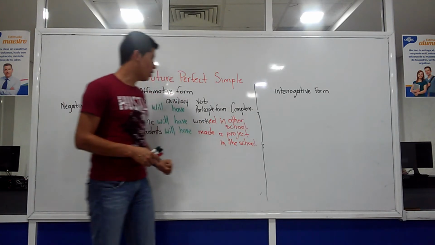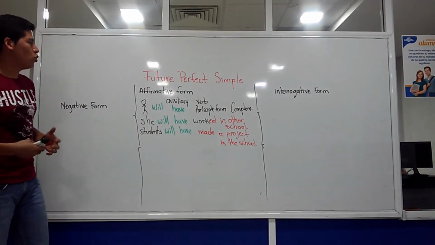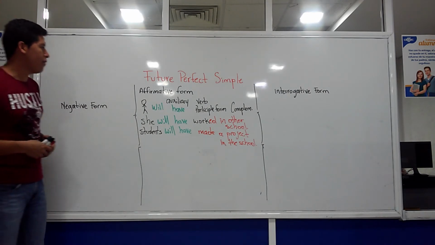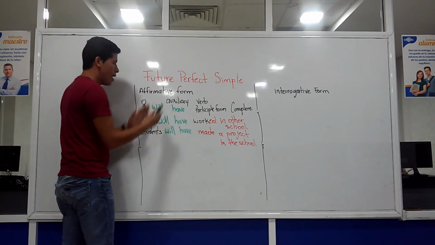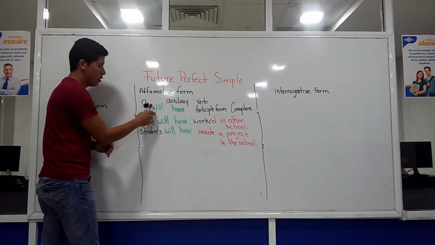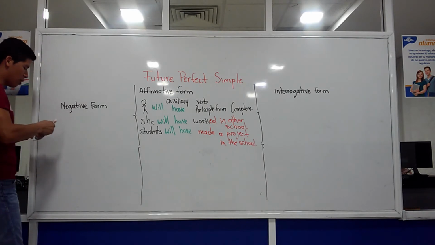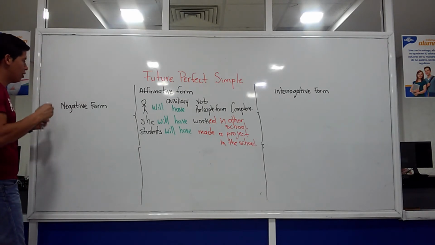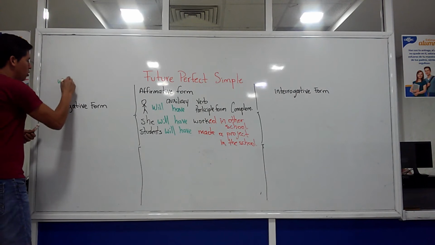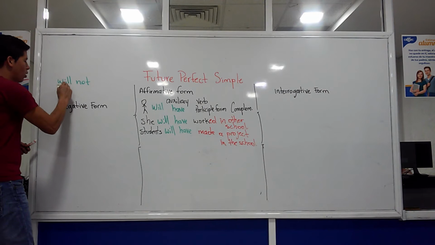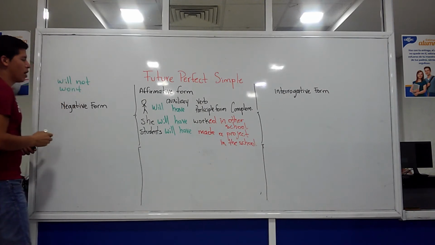Okay, it's very easy. What are you going to do in the negative form? It's very easy. We only have to negate the auxiliary. In this case, the auxiliary will, we are going to negate, and remember, you can say will not, or you can say won't with the contraction form.